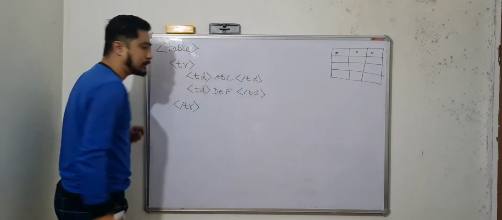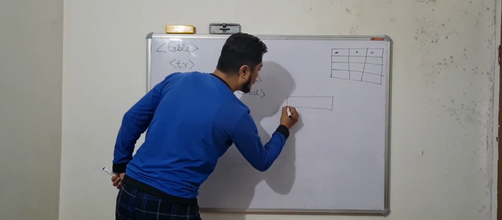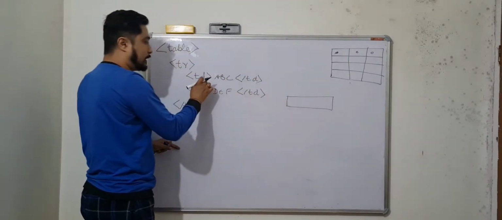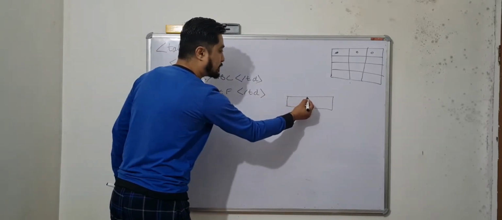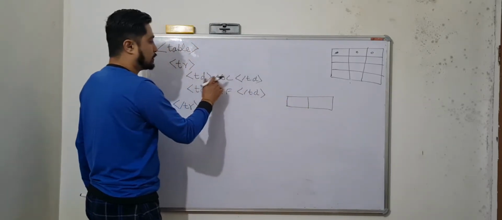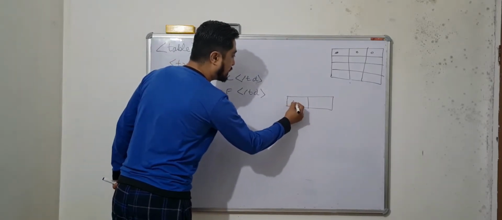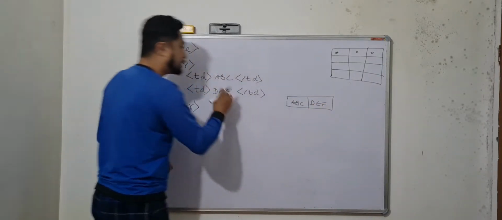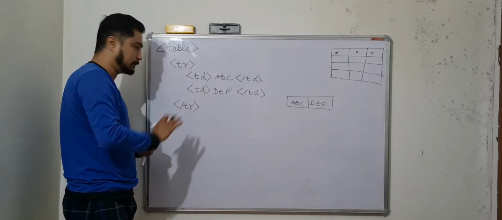When you write this much, the first row will be created. This tr will create the row, and how many table data you are storing? We are creating 2 table data: first abc and def. This is how we insert the values inside the row of a table.